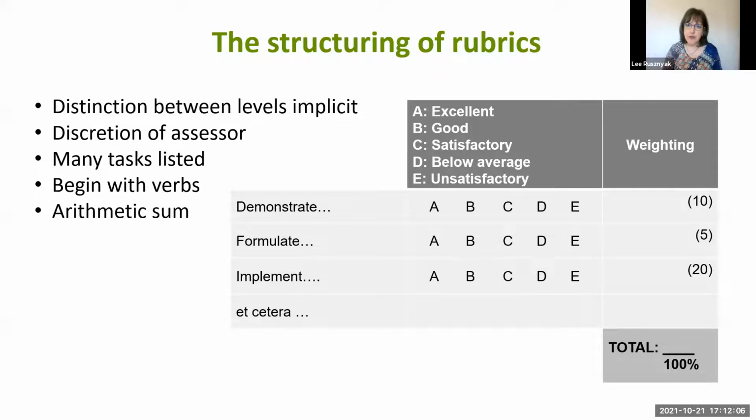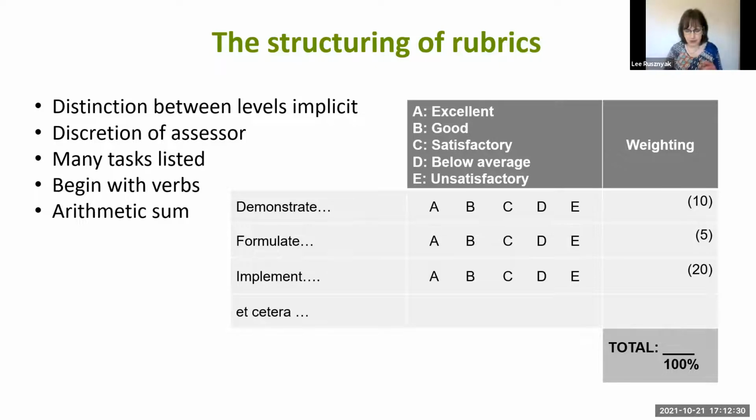The kind of rubrics that we felt sent this message were also in this kind of form, where you've got, in this case, five categories, ranging from good to poor or unsatisfactory.